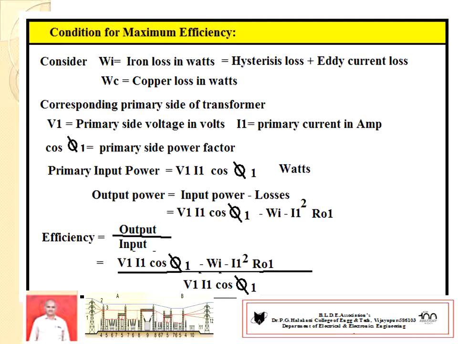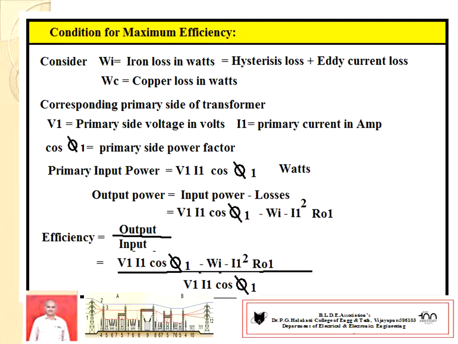Then it is also possible to frame the expression for output power. Output power equals input power minus losses. We have two types of losses: one is iron loss, one is copper loss. Wi is the iron loss, and I1 square R01 is the copper loss. I am taking the primary side here, hence I have to take the primary side relation of copper loss.